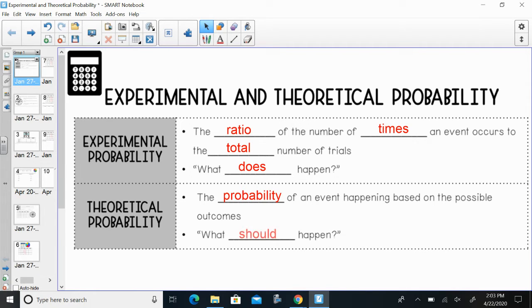So, what should happen in theory? If you're flipping a coin, you have two possible landings, heads or tails. So theoretical probability means if it lands on heads the first time you flip the coin, then it should land on tails the second time. But if you actually conduct your experiment, you might realize that that doesn't happen exactly the way it should in theory.